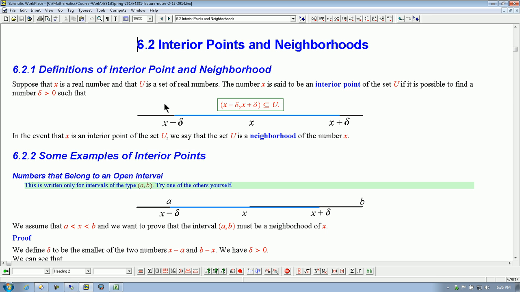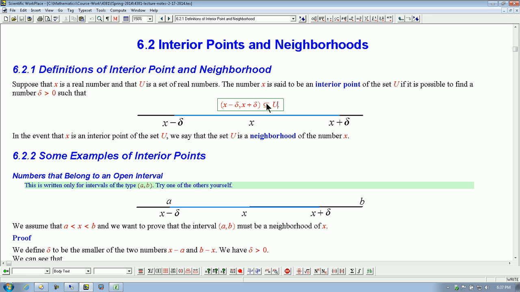What do we mean? There exists, it is possible to find, a positive number delta such that the entire stick that runs from x minus delta to x plus delta, and I call this the stick center x radius delta, this open interval, because one day it'll be a disk or a ball or something more interesting in some other kind of space, that entire stick is included in you.